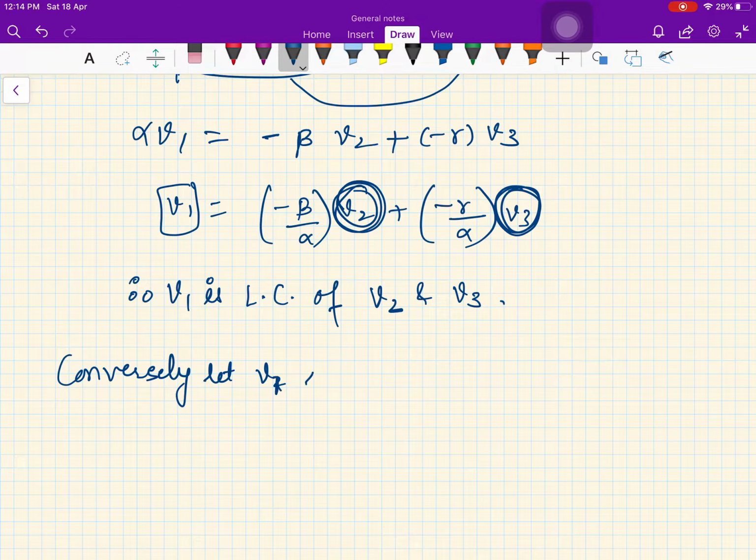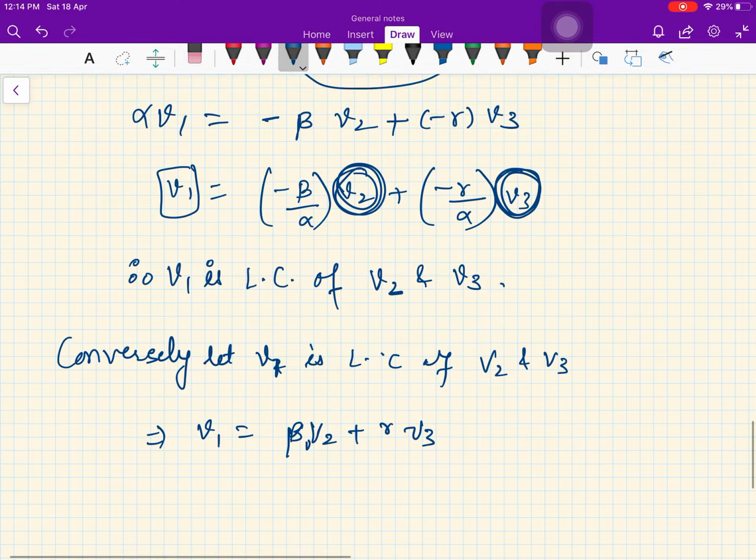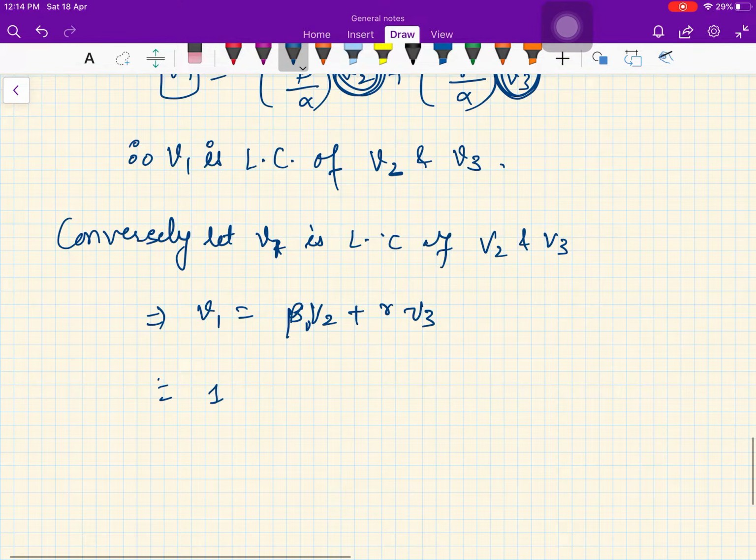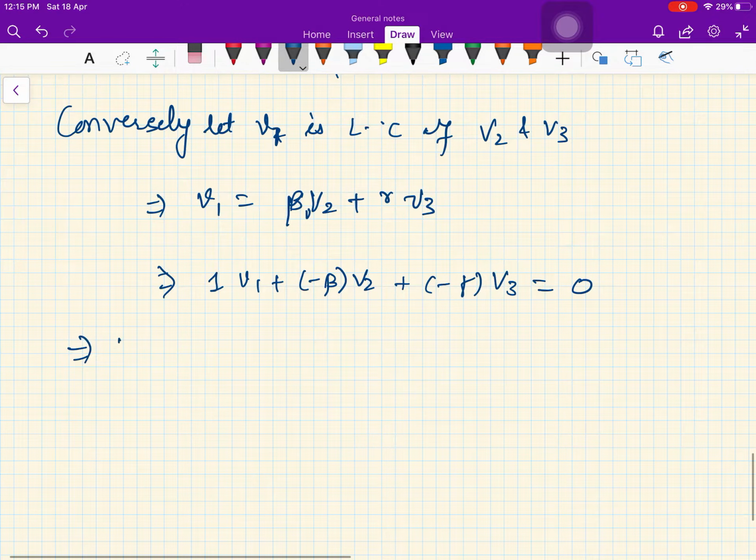Conversely, let v1 be a linear combination of v2 and v3. It means that v1 is some beta times v2 plus gamma times v3. So I can write it as 1 into v1 plus minus beta into v2 plus minus gamma into v3 equal to 0.